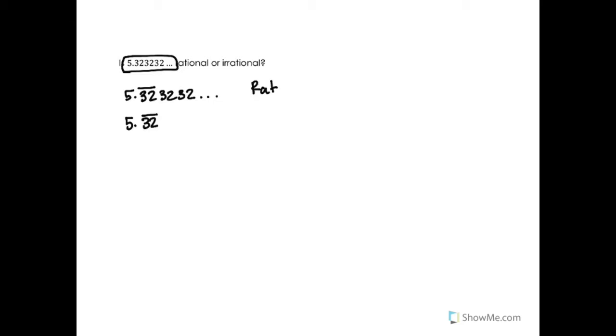I can say this number is rational because it's a repeating decimal with a pattern. However, what if I can't recognize whether that number has a pattern or not?